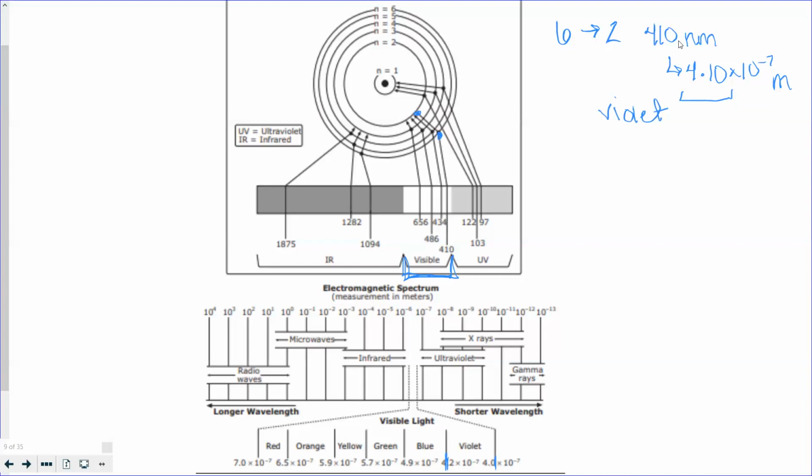We can do the same thing for the other 3 lines that are in the visible light spectrum. Looking at the next line, it is going from n equals 5 to n equals 2.